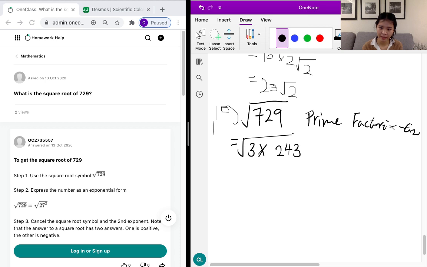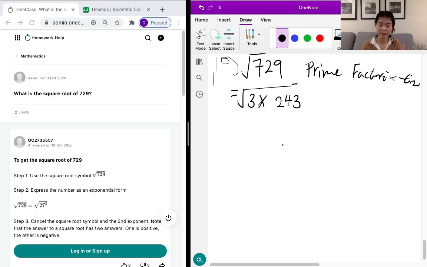243. Next, let's check to see what's the smallest prime factor of 243. Again, we try to check whether this is divisible by 3. So we add all the individual digits. 2 plus 4 is 6, 6 plus 3 is 9, so it's also divisible by 3. So 243 divided by 3 is equal to 81.